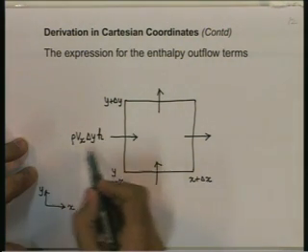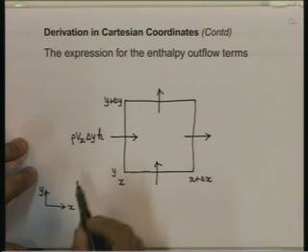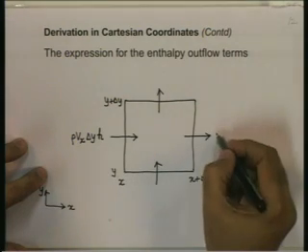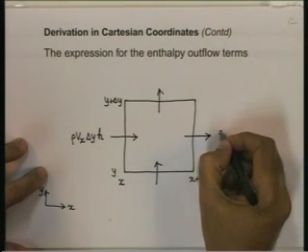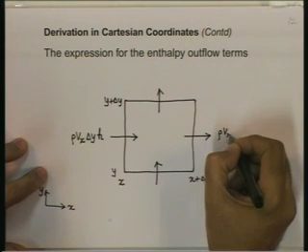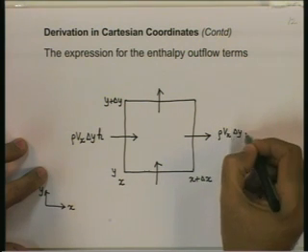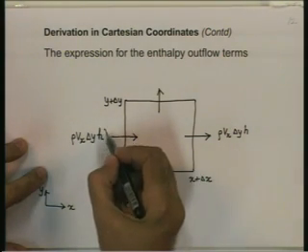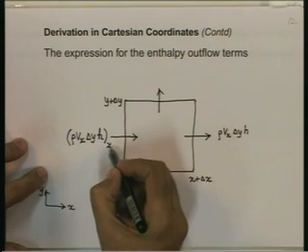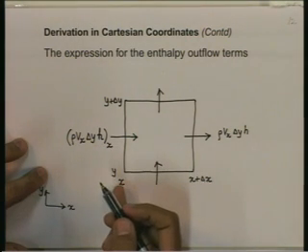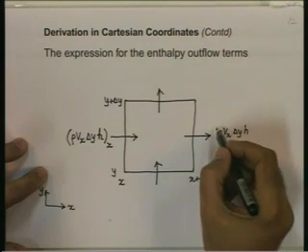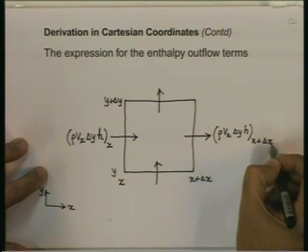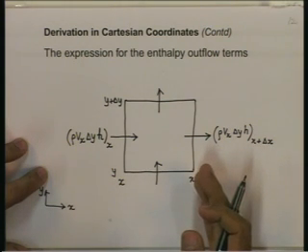So the enthalpy inflow through this face is rho Vx delta y into h. Similarly, there will be an enthalpy outflow here, rho Vx delta y into h. This is at location x, at the left edge of the control volume. This is at location x plus delta x, which is the right edge of the control volume.